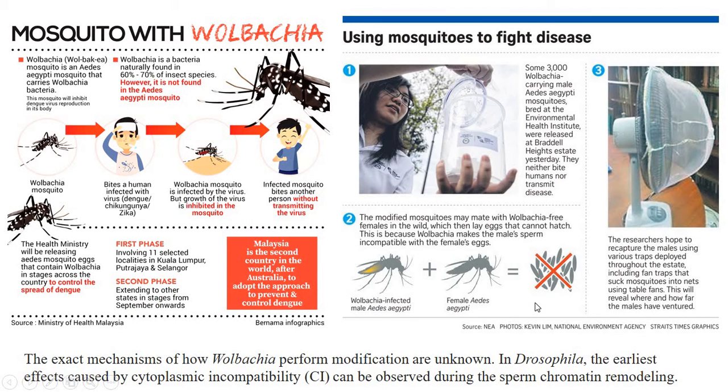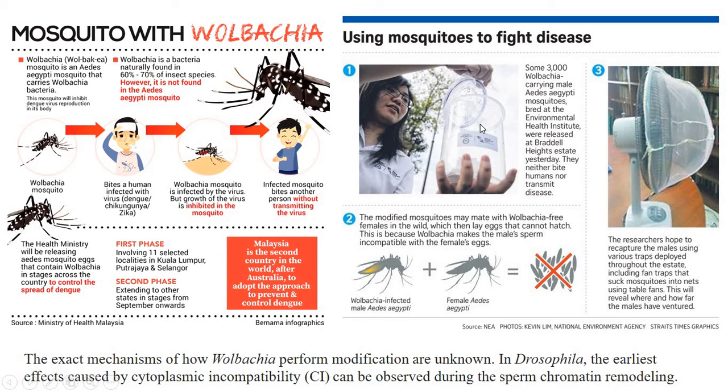The early experiments with Wolbachia have been quite successful in Australia, and now Malaysia is trying this strategy as well. These are just some posters from the Malaysia Environmental Agency or Health Department. It shows a scientist who has these Wolbachia infected males that were reared in the lab.